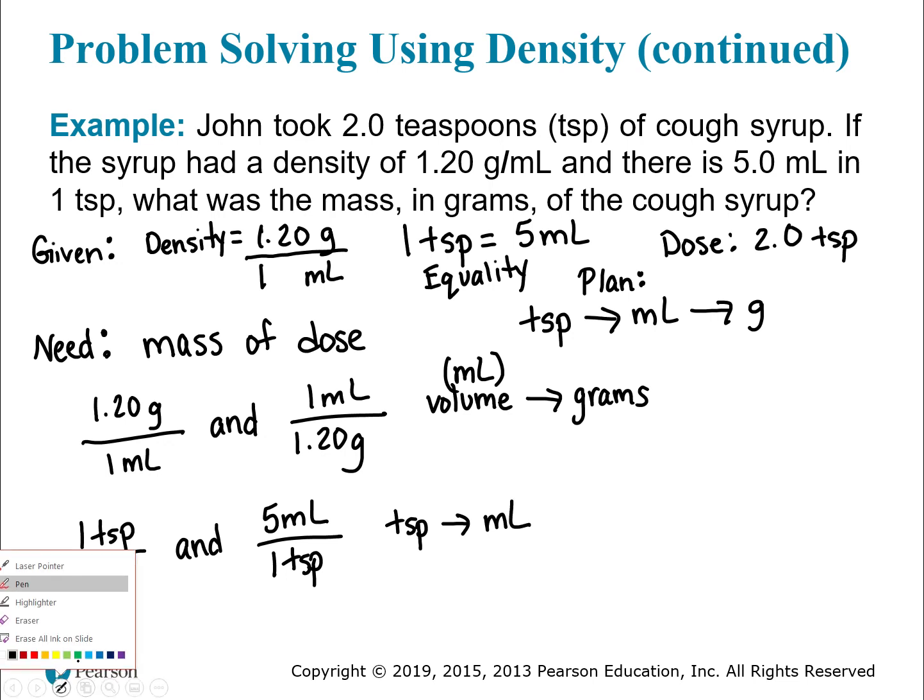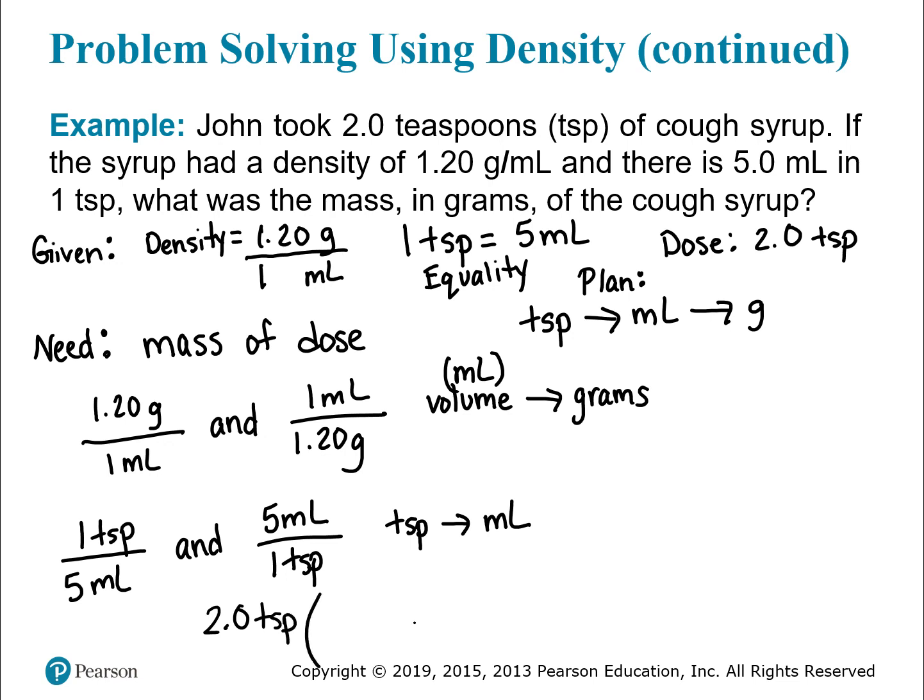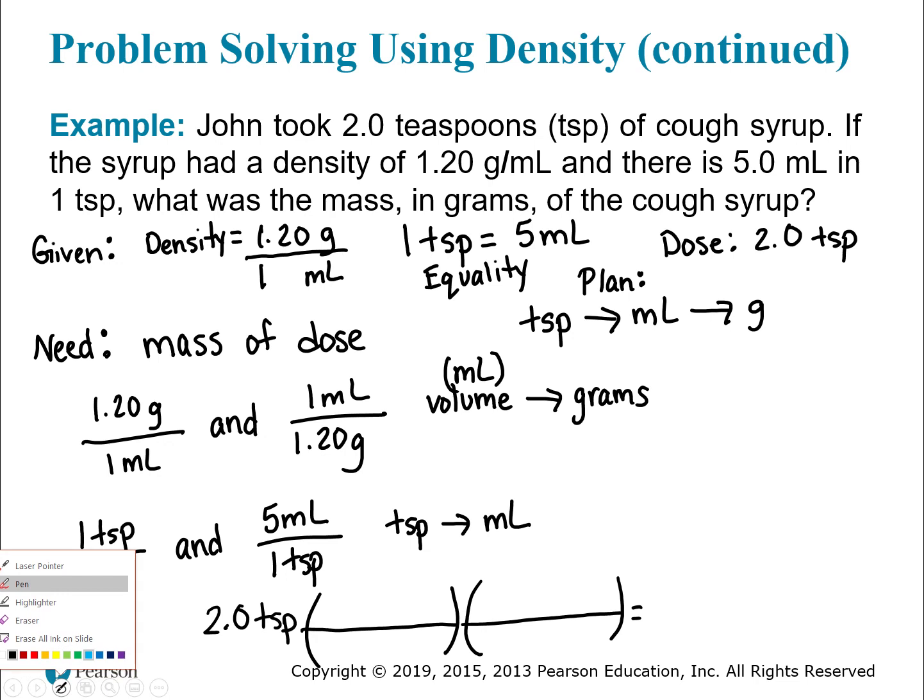Let's figure out what we've got to do. So let's start setting up the problem. We're starting with 2.0 teaspoons. That's the dose. And we've got to use 2 conversion factors to get from teaspoons to the number of grams in that dose. The first thing we're going to do is figure out how do we get from teaspoons to milliliters.